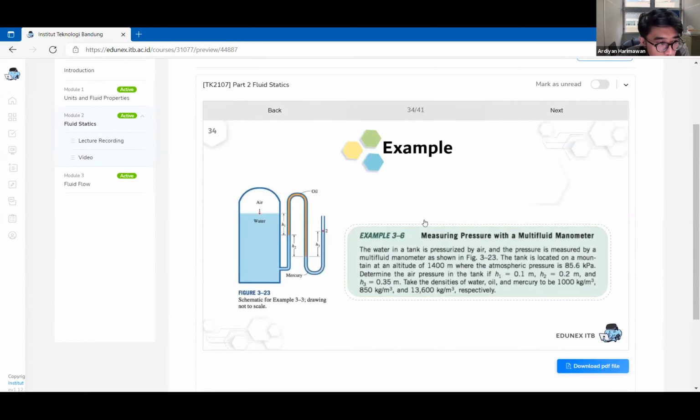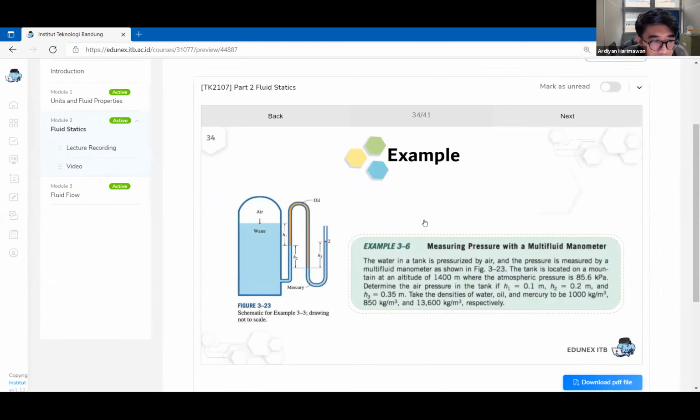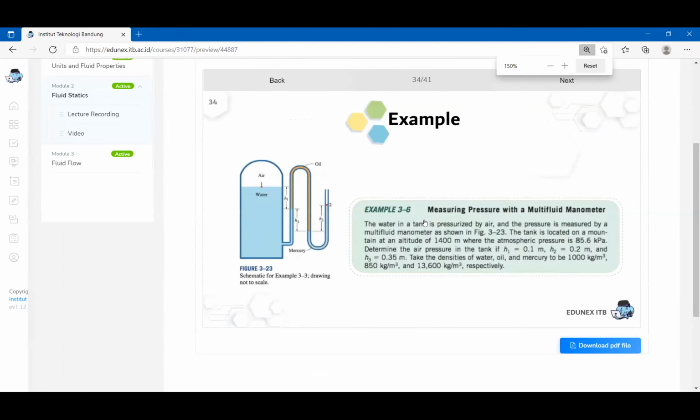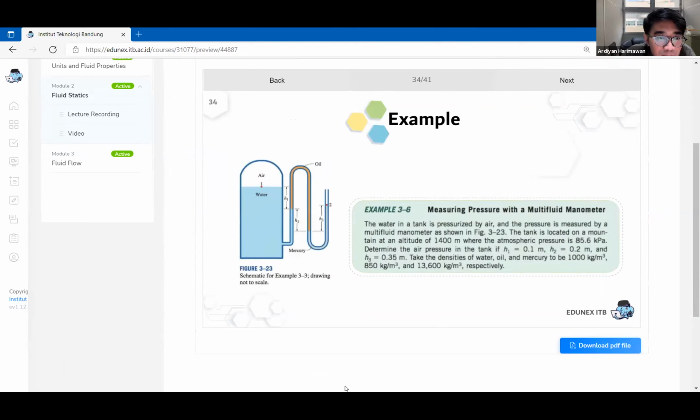Control Shift plus, maybe because you open it in EduNext, right? I don't think so. Okay, it's okay. Just a sec. Let me. Okay, your question is how to?